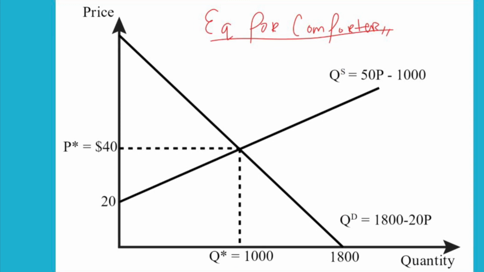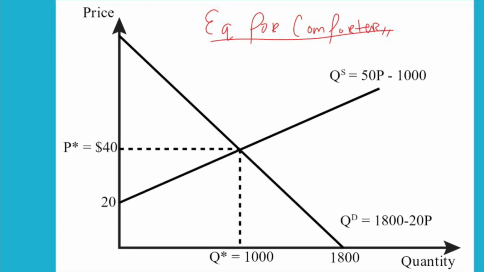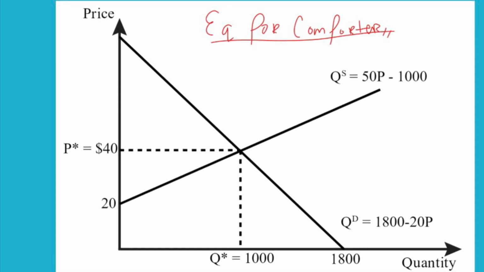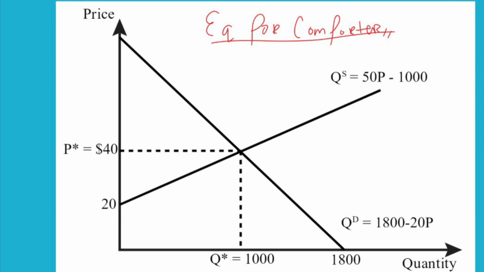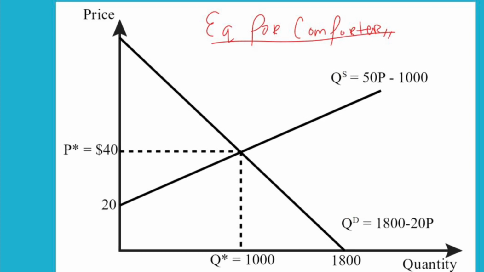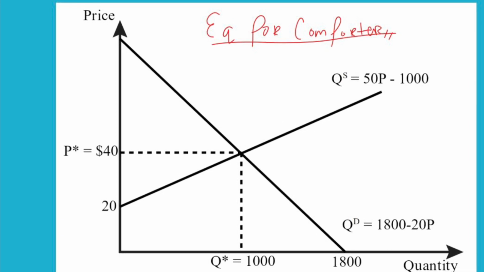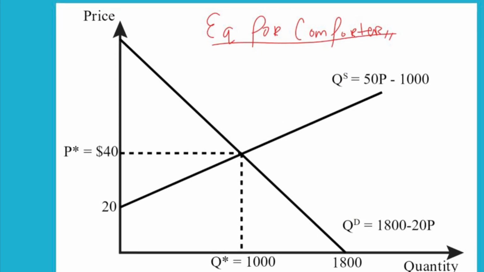Since we have also identified the equilibrium quantity, which is Q asterisk, the quantity at which supply equals demand: at $40 per unit, 1,000 comforters are demanded, and exactly 1,000 comforters are supplied.